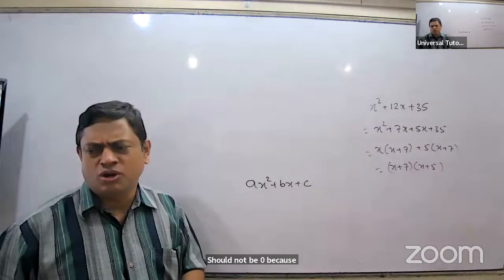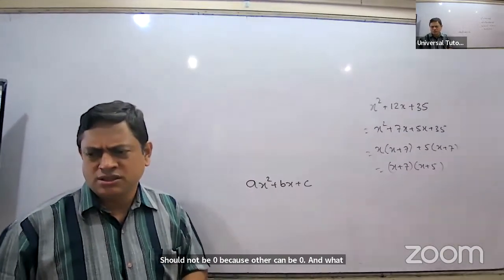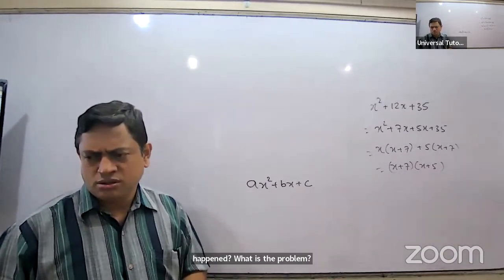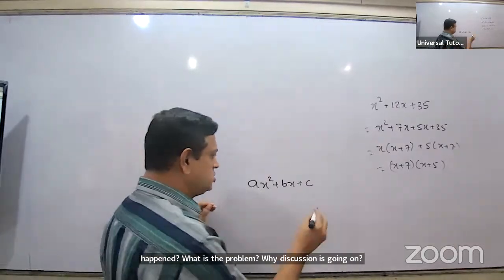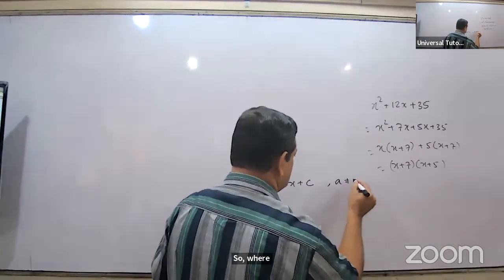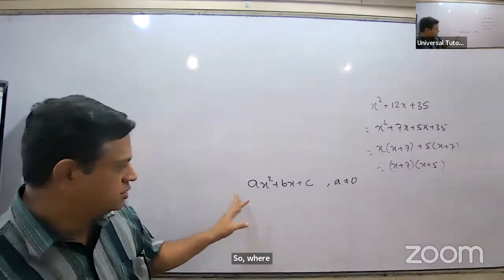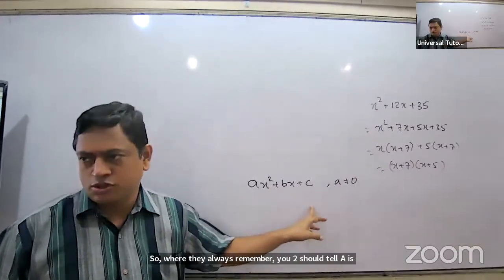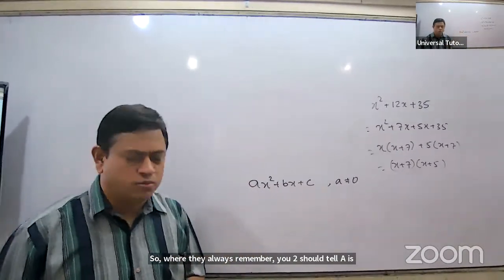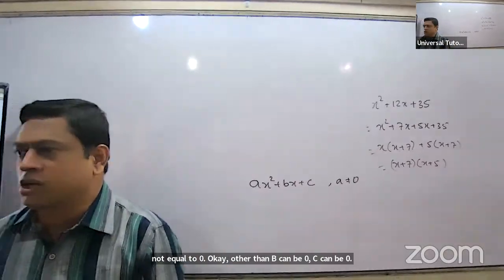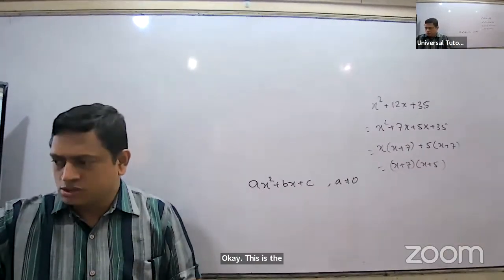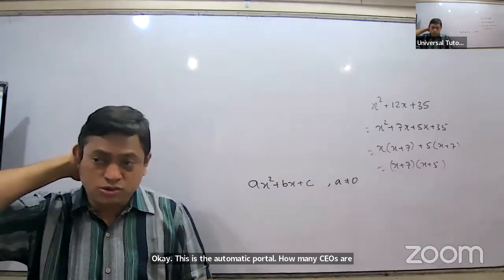Always tell a is not equal to 0. B can be 0, c can be 0. This is the quadratic polynomial. How many zeros are there for a quadratic? At most 2 zeros.